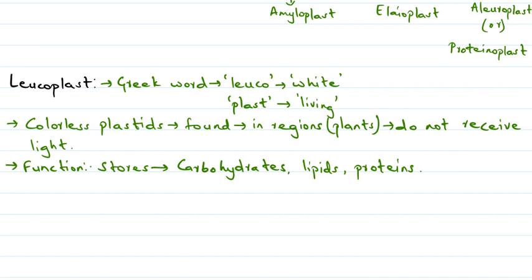Based on the storage, they are classified into three types: amyloplast, elaioplast and eleuroplast or proteinoplast.